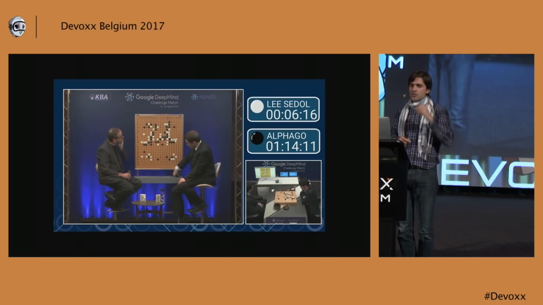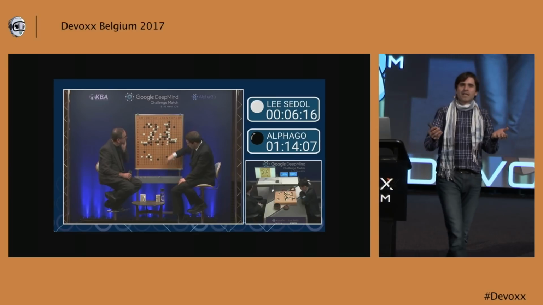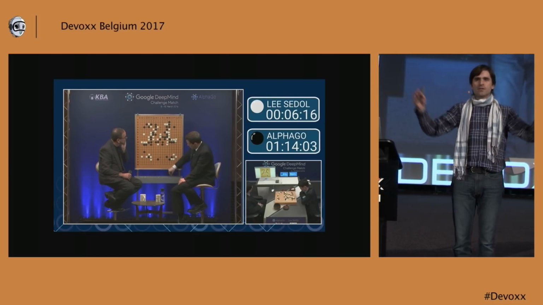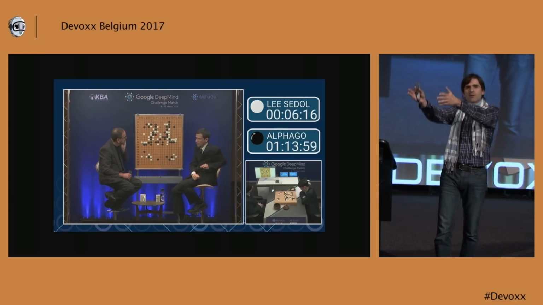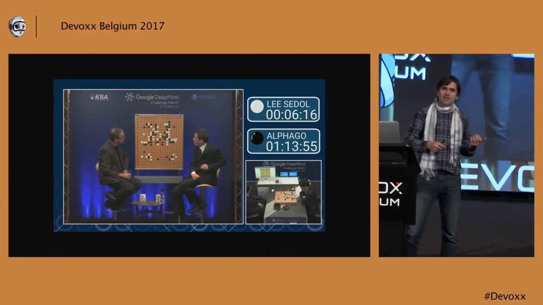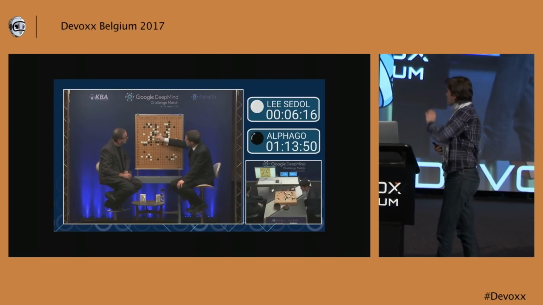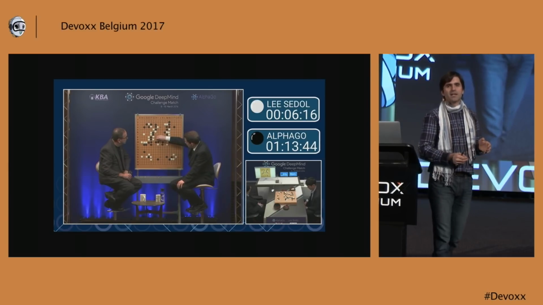And in a nutshell, what they did, well, in a game like Go, the algorithm for winning is actually pretty simple. You play all the moves until the end, and you continue on the path where you win most often. The only problem with that is that this is computationally too expensive to compute. So they built this neural network that can look at the board and say, well, this position is good for white or this position is good for black.